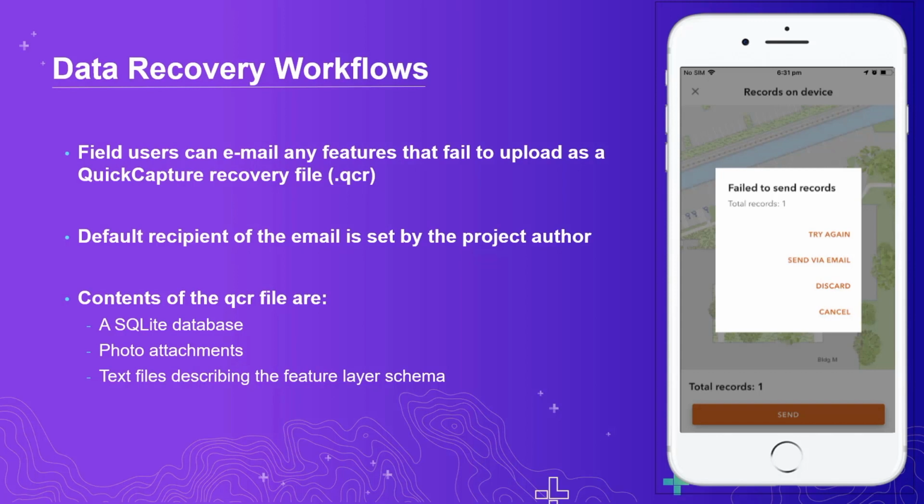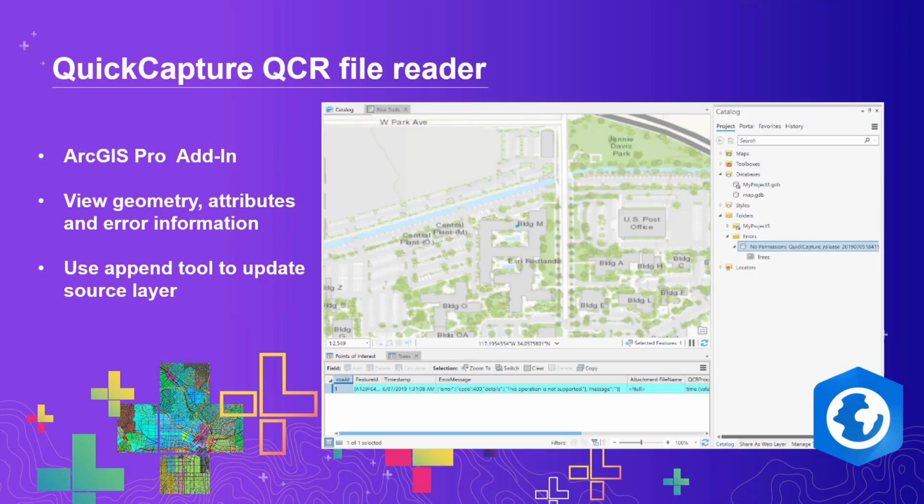You can open this file. It's just a zip file. You can rename the extension and open it up. But alternatively, you can also use the QuickCapture Data Recovery plugin or add-on for ArcGIS Pro that we have made available. So this is described again in our help and GeoNet.